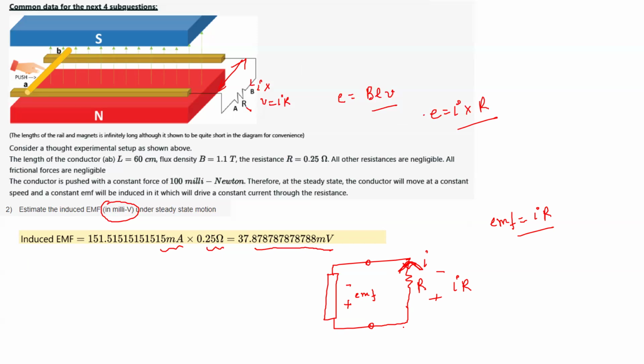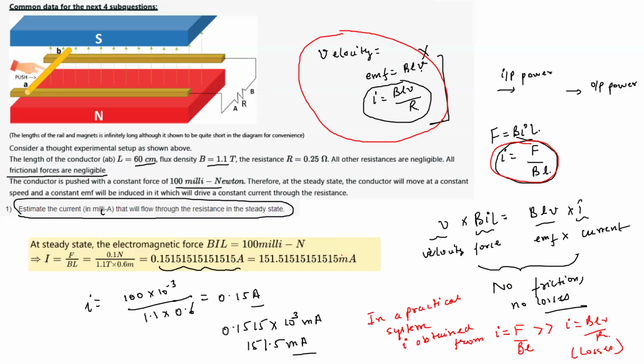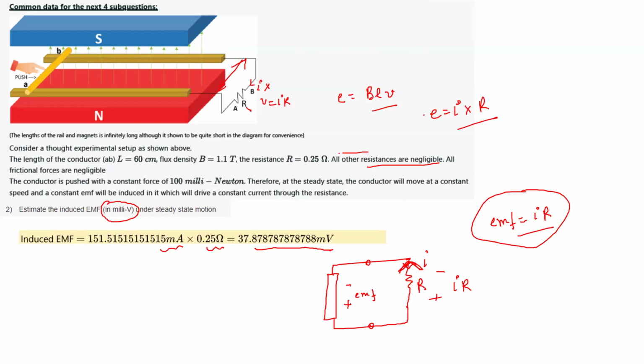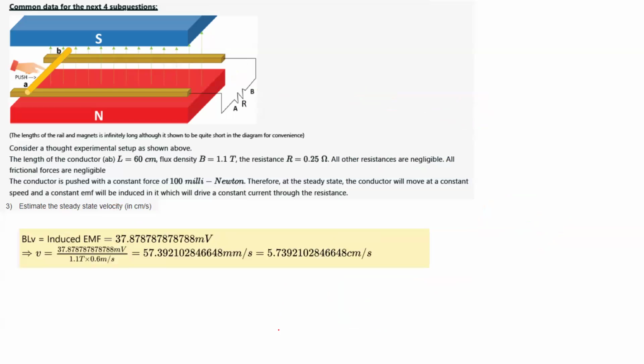Okay, that is why this induced EMF is exactly equal to current into resistance. That is why it is given that all other resistances are negligible. So here all the frictional forces are negligible was the approximation taken, and here all the resistances are negligible is the approximation taken for this question. Okay. Now we will go to the next question.